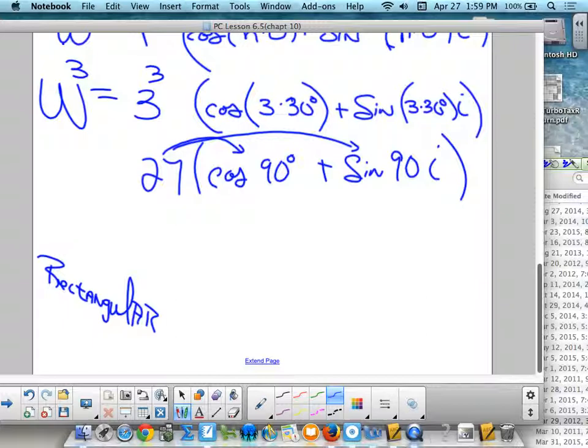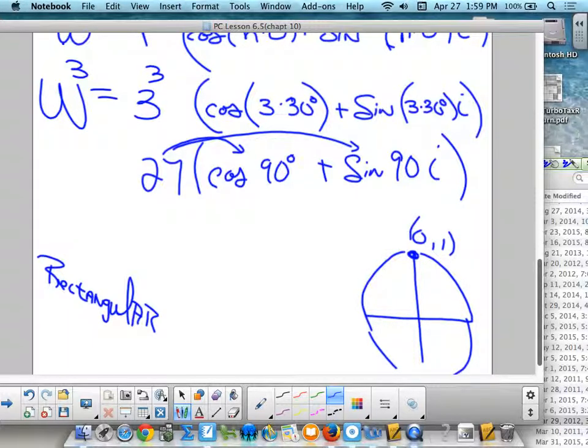And the reason I wanted you to do this one is because 90 is a really simple point on our circle. It's just 0, 1. You guys remember doing these? What is cosine of 90? Cosine is x over r, guys. 0 over 1.